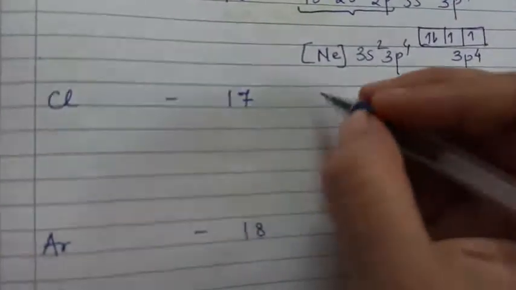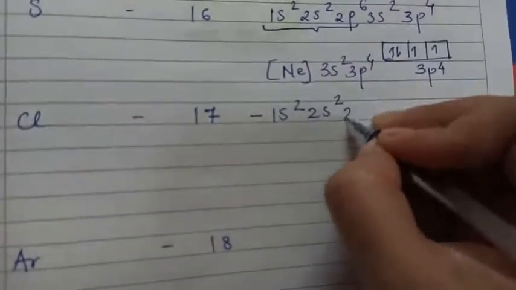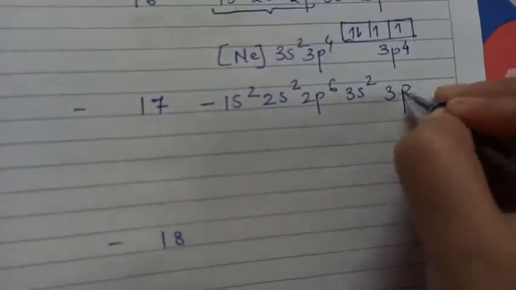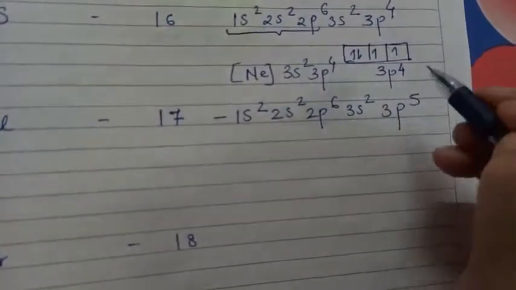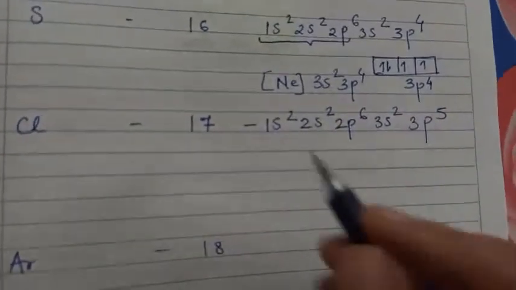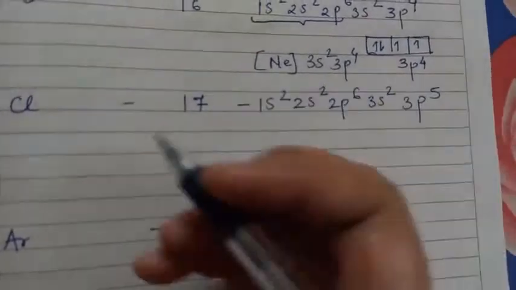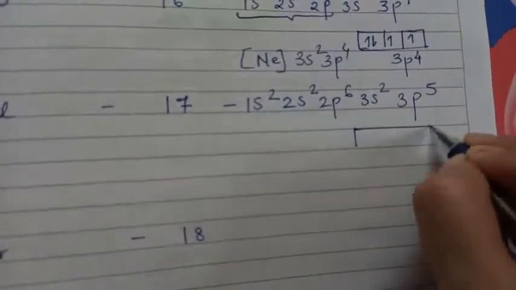Now the chlorine configuration is 1s2 2s2 2p6 3s2 3p5, because after 4, the 5th electron will go in 3p only. P can hold 6 electrons. So here we had 4, 5, still one more can be filled. So how will we draw 3p5?